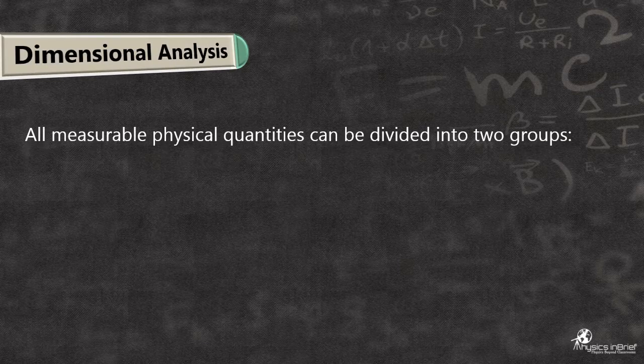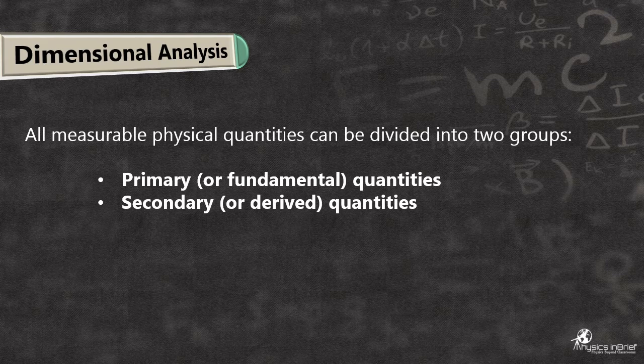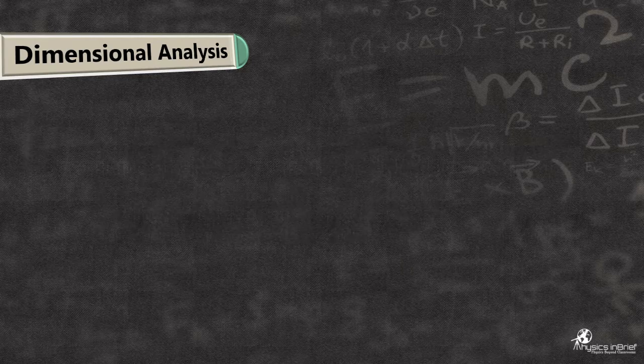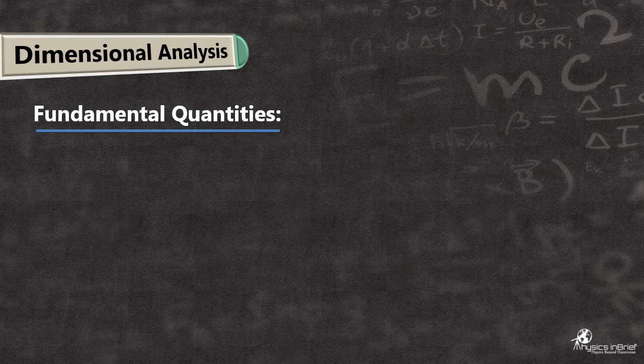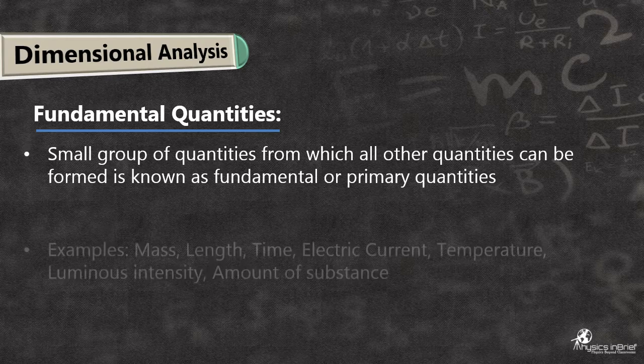All measurable physical quantities can be divided into two groups: number 1, primary or fundamental quantities, and number 2, secondary or derived quantities. Fundamental quantities: a small group of quantities from which all other quantities can be formed is known as fundamental or primary quantities.